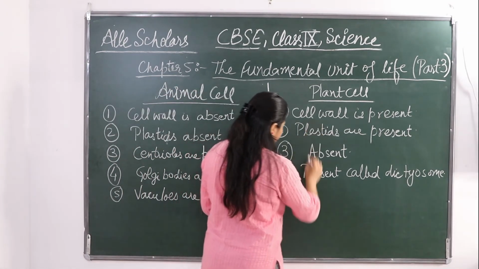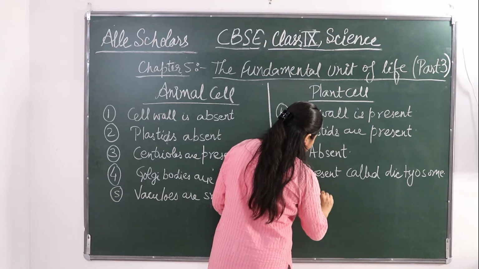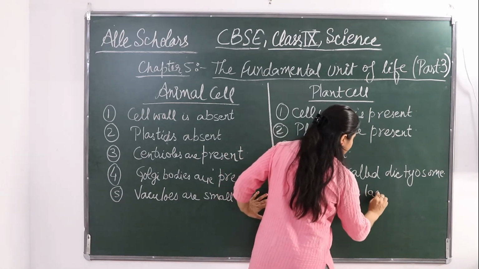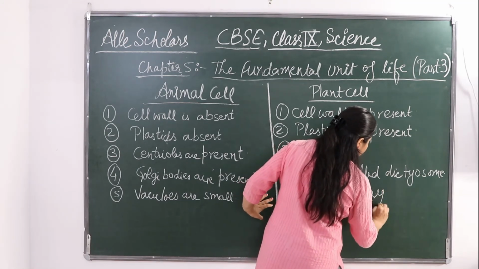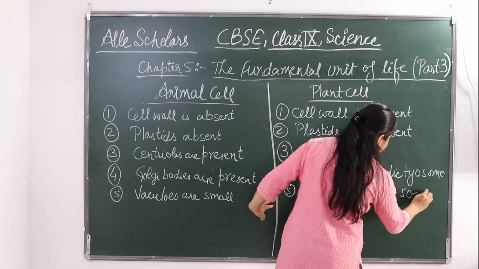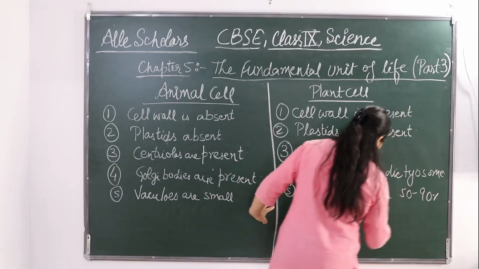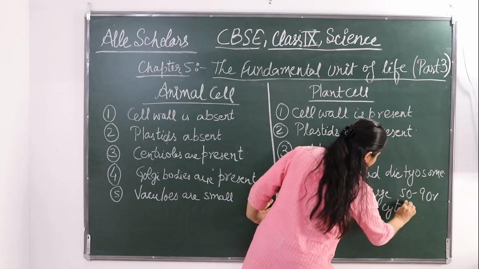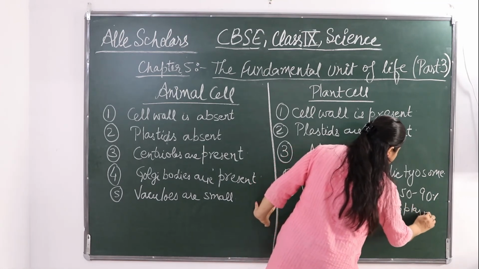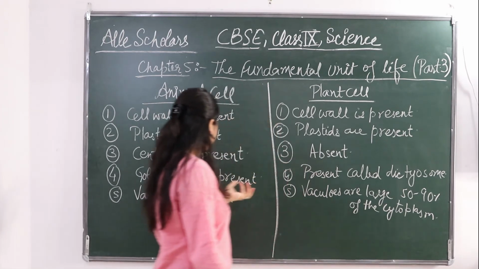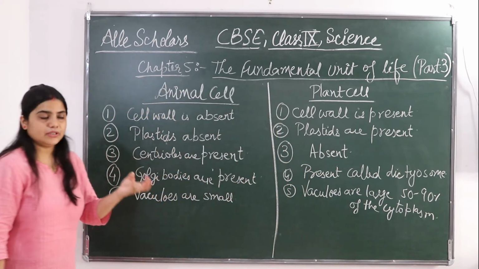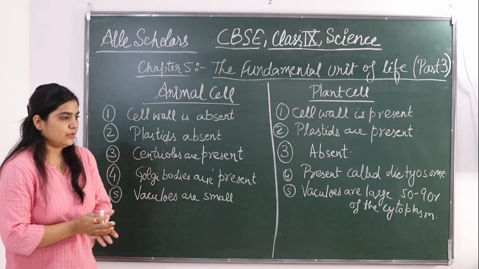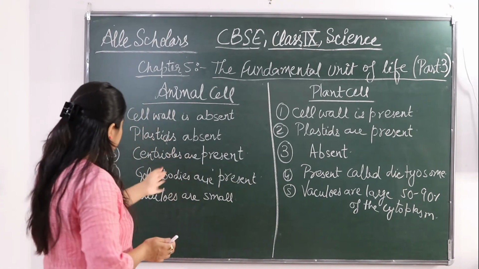But in plant cell, vacuoles are large. In fact, you can say that they cover 50 to 90% of the cytoplasm. In animal cell, many small vacuoles can be there, but in plant cell there is one big vacuole.